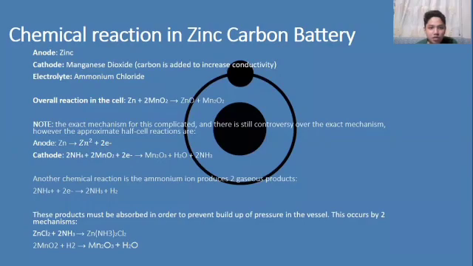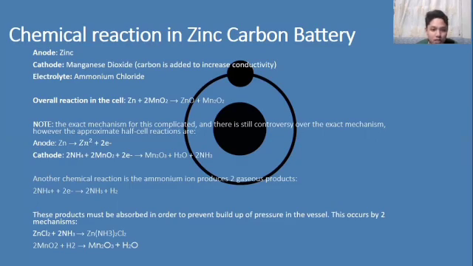Next, chemical reaction in zinc-carbon battery. Anode, zinc; cathode, yung manganese dioxide; carbon is added to increase conductivity. Electrolyte, ammonium chloride. Yung overall reaction in the cell niya is Zn plus 2MnO2 is equal to ZnO plus Mn2O3.